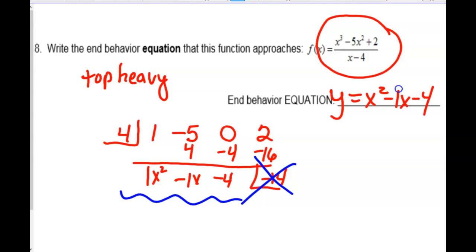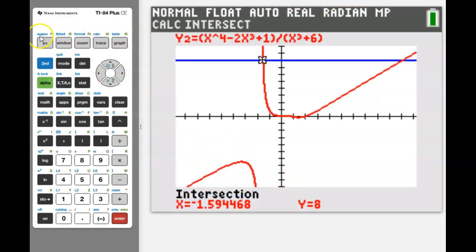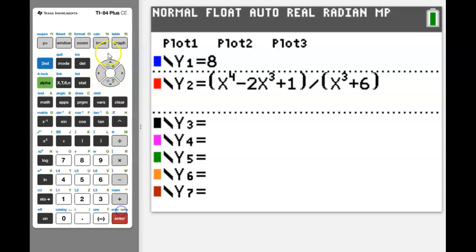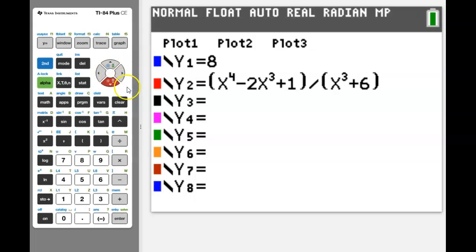I don't know that we've talked much about one that had an end behavior like that. Can anybody read it to me real quick?